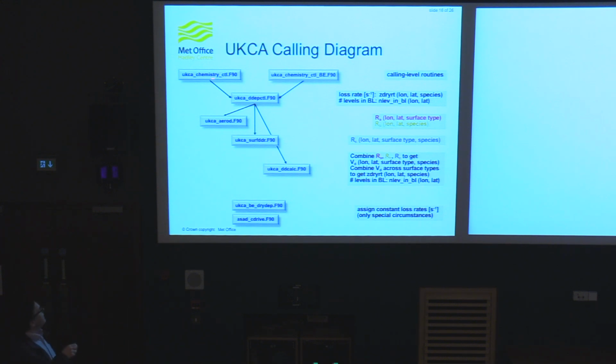So you come in via the chemistry control routine that calls the deposition control, and then you have essentially one routine that takes care of aerodynamic resistance and quasi-laminar resistance. Then you have another routine that calculates the surface properties and the surface resistance, and then a third one that puts it all together and calculates the grid box integrated dry deposition velocity and flux.